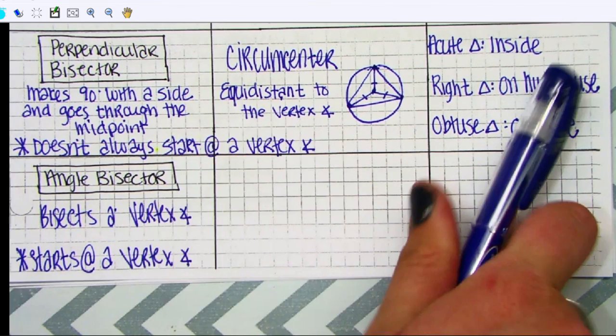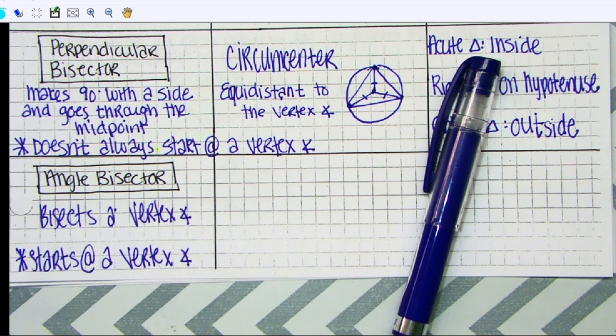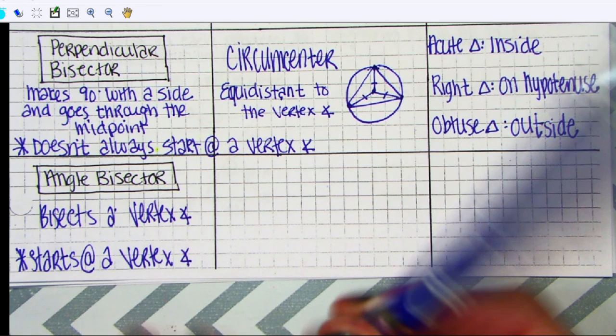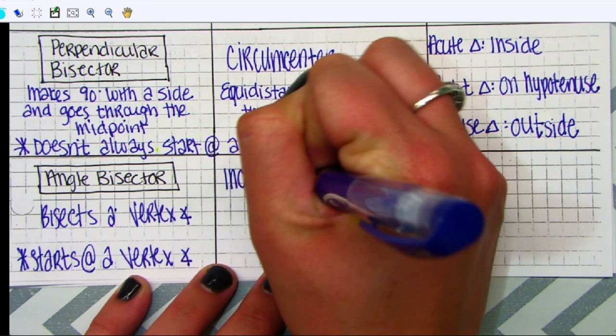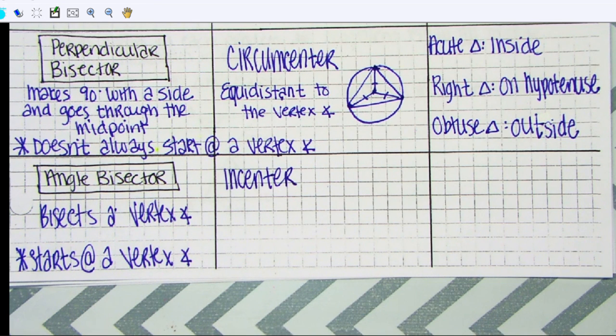The only one that doesn't have to start at a vertex angle is a perpendicular bisector. All the other ones have to start at one of those main angles. The angle bisector is called an incenter. So all of them cross at what's called an incenter, and the circle is located inside of the triangle.